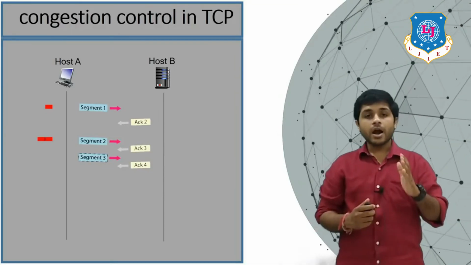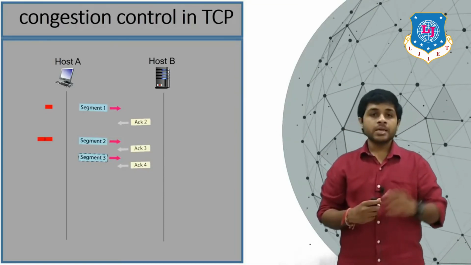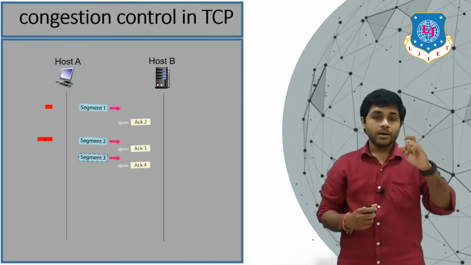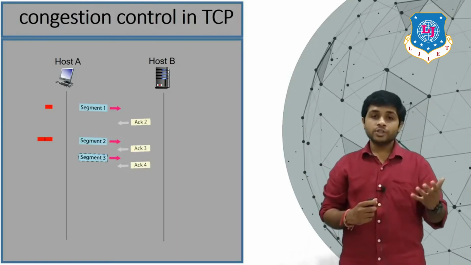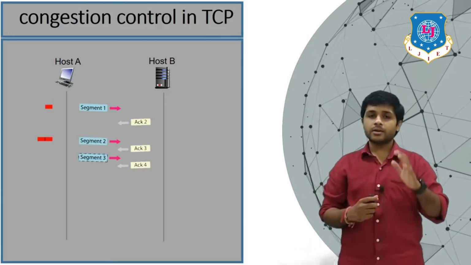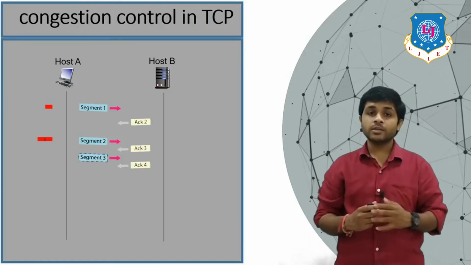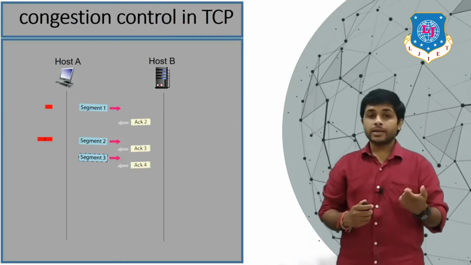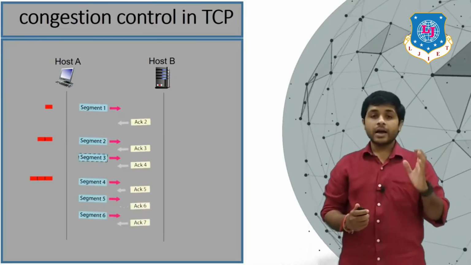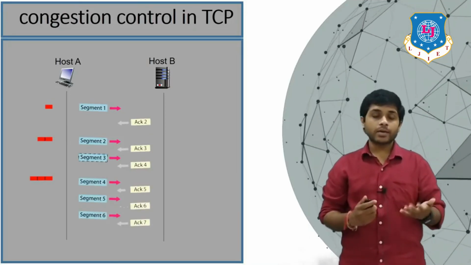Now if after sending two packets at a time, the sender receives acknowledgement in a particular amount of time, it assumes that there is a lesser possibility of congestion in the link, so the sender will send more packets. After that sending, it will wait for acknowledgement.